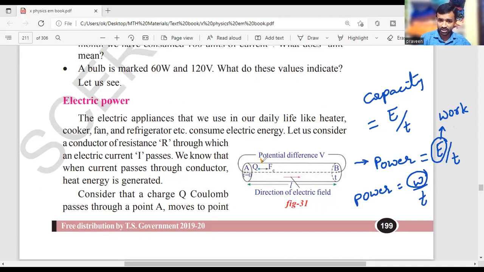Suppose there is a charge Q. So using certain amount of force, you are trying to move that charge from one end to the other end. So who does that work? That work is done by potential difference.